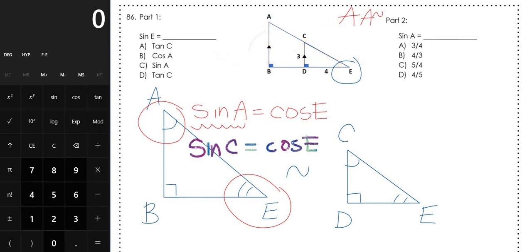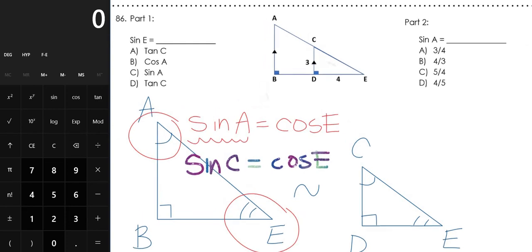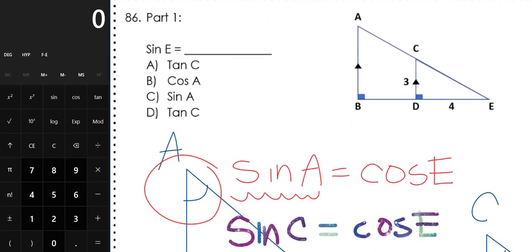Okay, so let's take a look at our particular question. I'm going to clear this off a little bit. For this question, it says in part 1, sine of E is equal to blank. Looking at our little triangle here, I'm going to zoom in, and I'm going to mark angle E. Angle E is complementary to two angles.